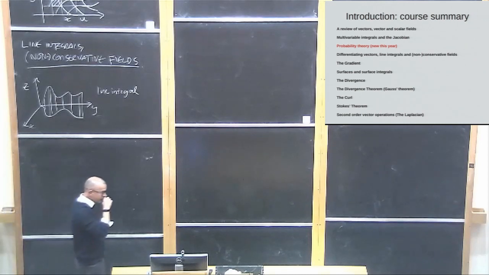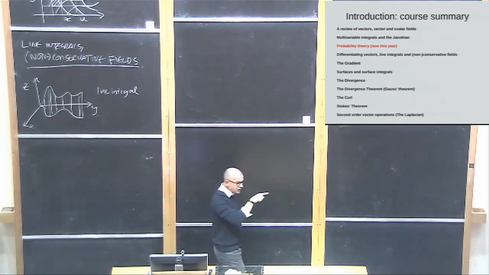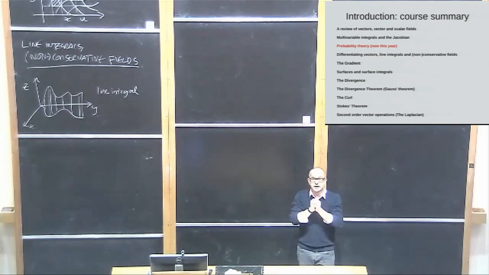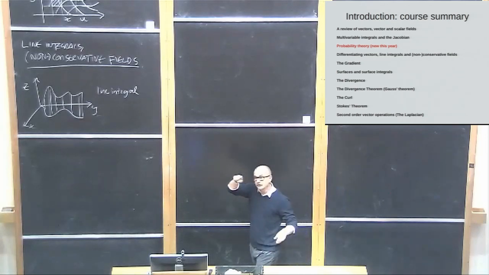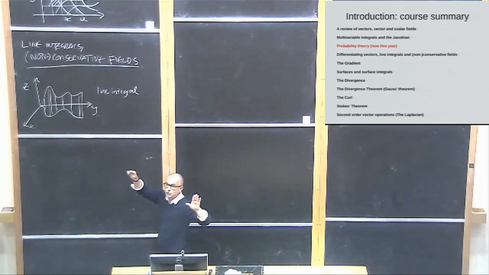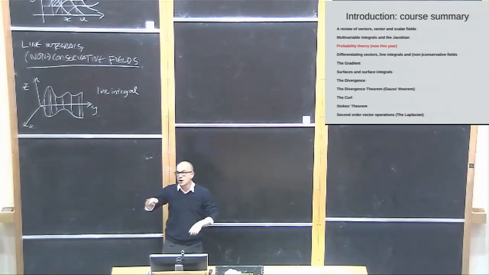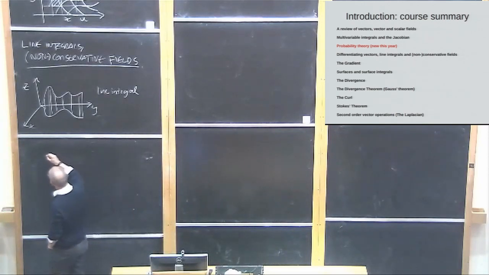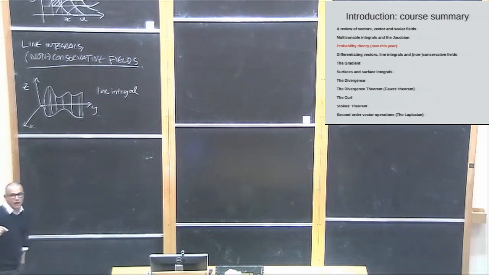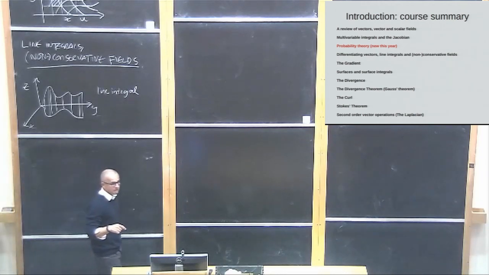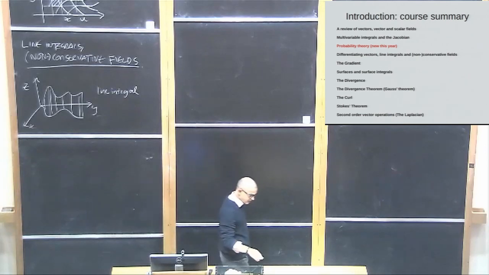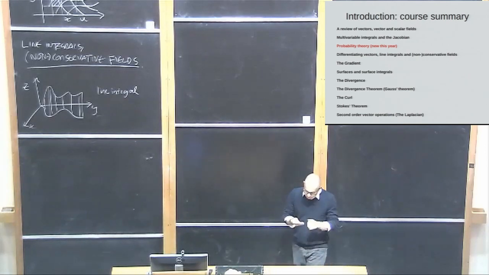Essentially, a conservative field is a field where when you move between two points, for example, in a potential, the energy difference in moving between those two points does not depend on the path that you take. A conservative field also has the special property, as I'll show you later on in the course, that it is the gradient of a scalar field. So I'll come back to this in the final slides of today's lecture.